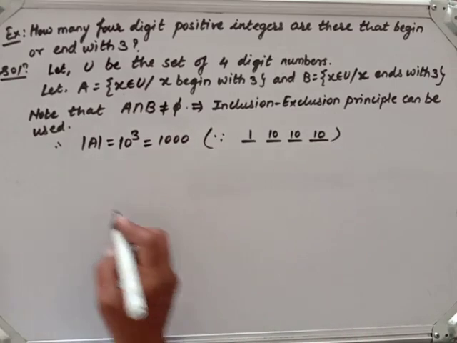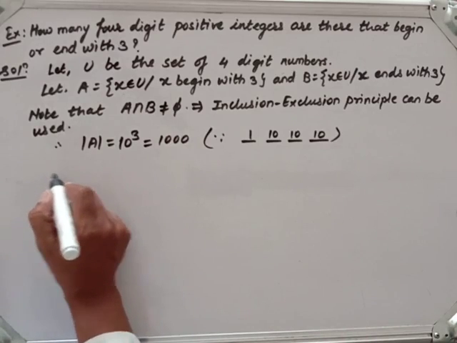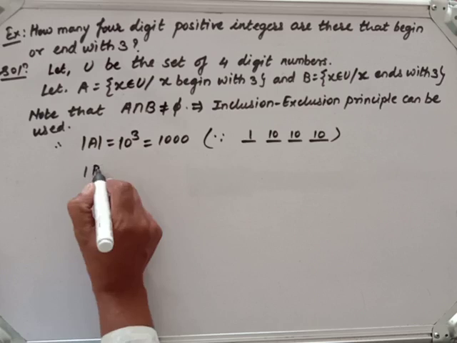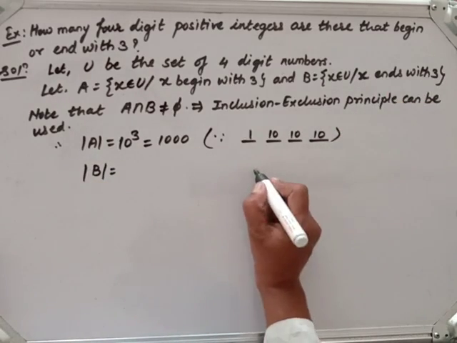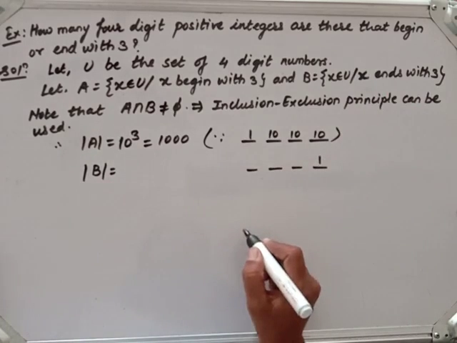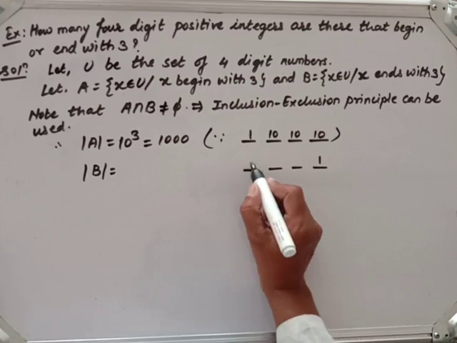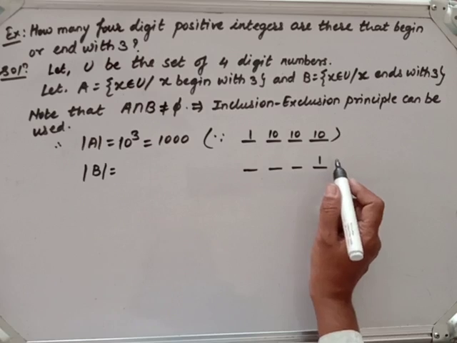Fine. Now what about the cardinality of B? B says it ends with 3, so only one choice is there. But this is a 4-digit number, so the thousands place shouldn't be 0.